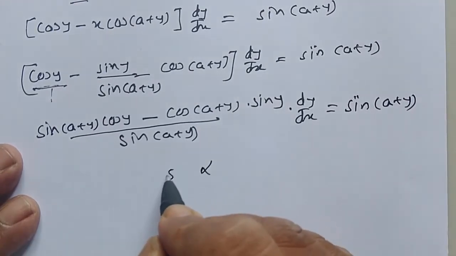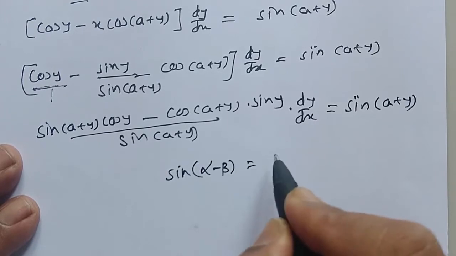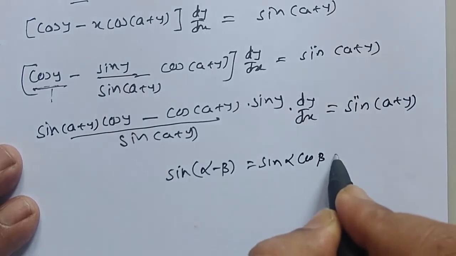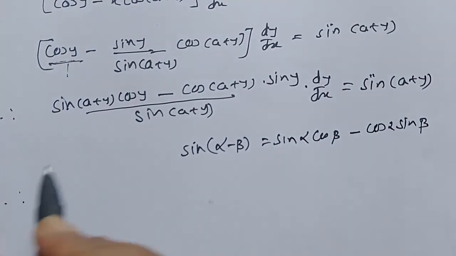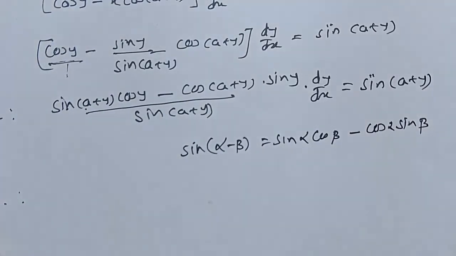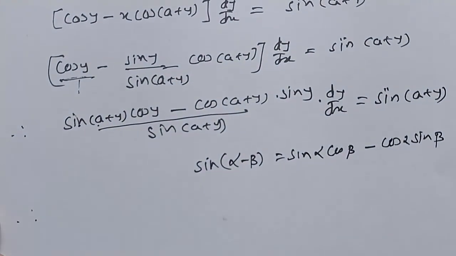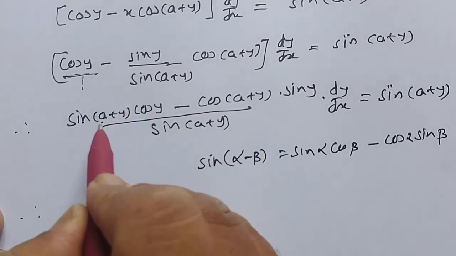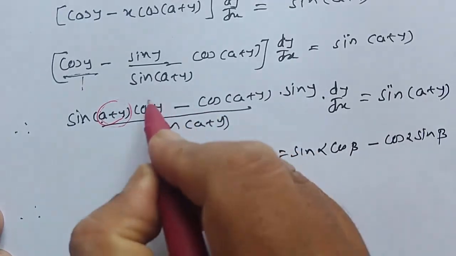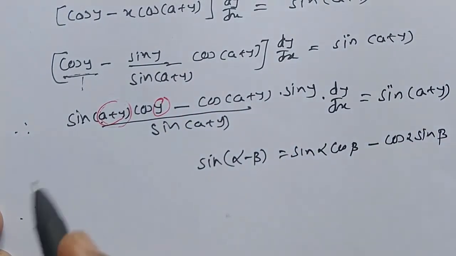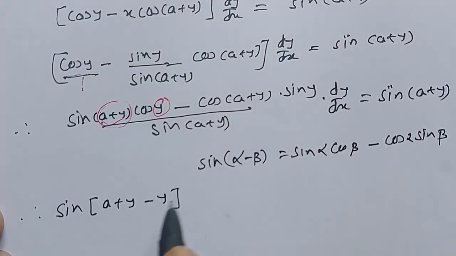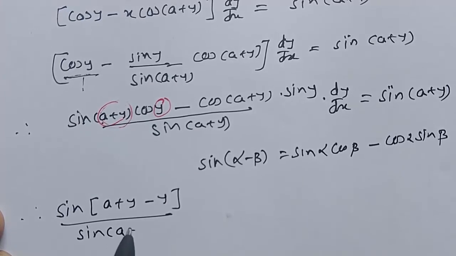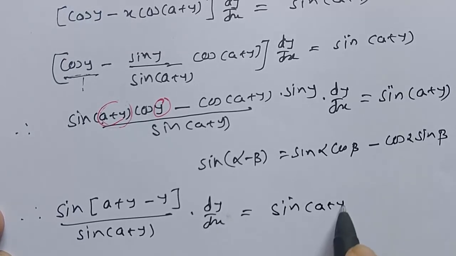Using this formula, sin(alpha - beta) = sin alpha cos beta - cos alpha sin beta, where alpha is a + y and beta is y, so it becomes sin(a + y - y) upon sin(a + y) into dy/dx = sin(a + y).